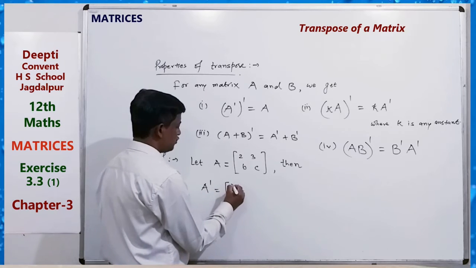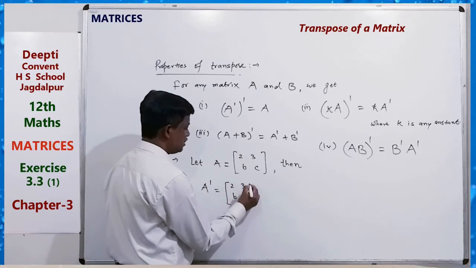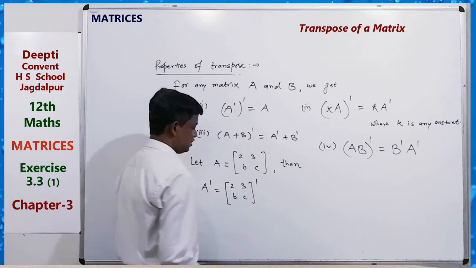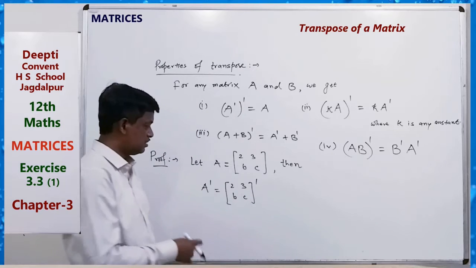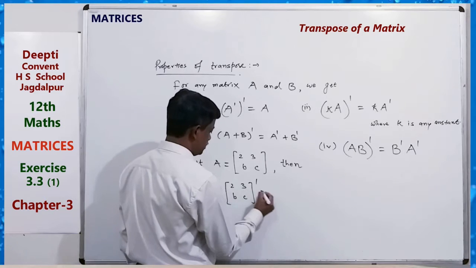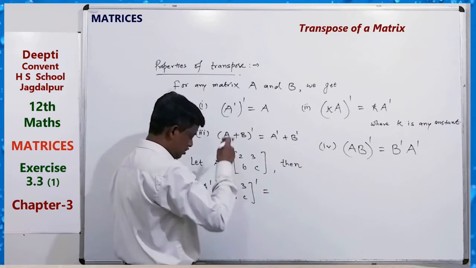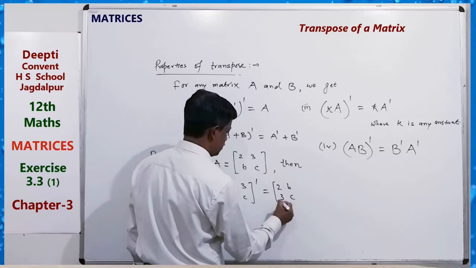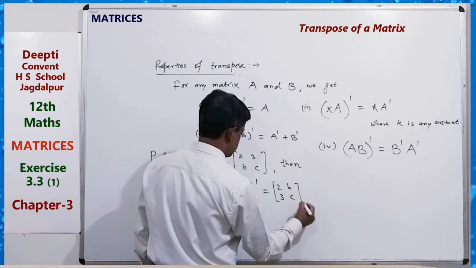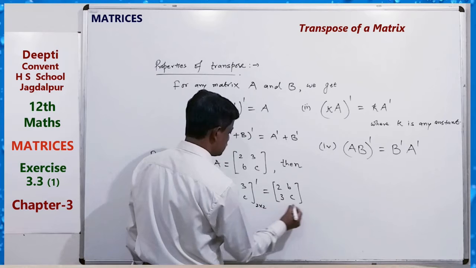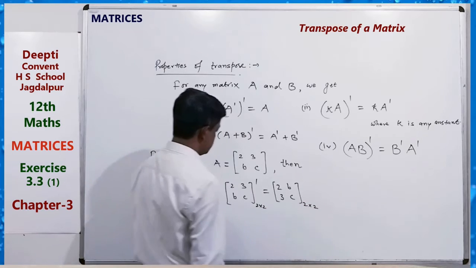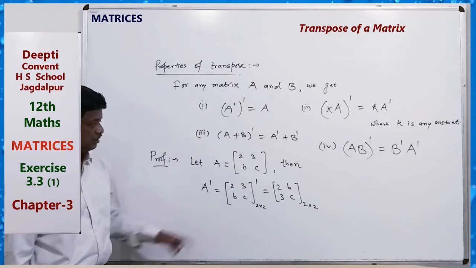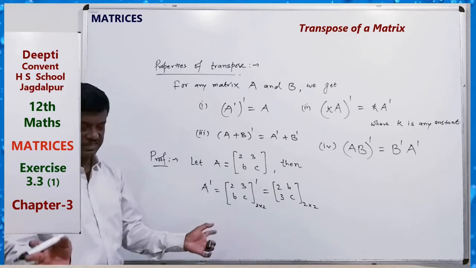Just the transpose of 2, 3, B, C dash. Transpose means row to column, column to row. So this is equal to what? 2, 3 will be a column and B, C will be a column. So this is a 2 by 2 matrix, and also this is a 2 by 2 matrix. These two are not equal. Here A dash is this.